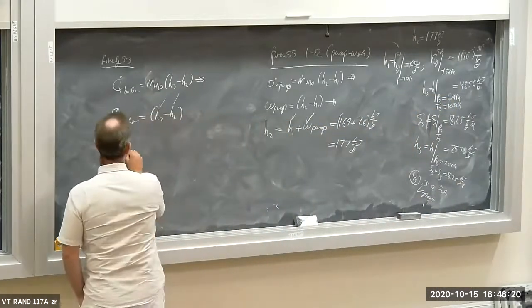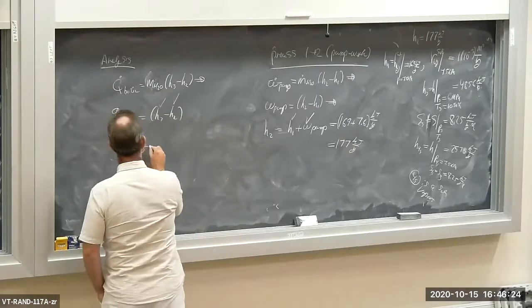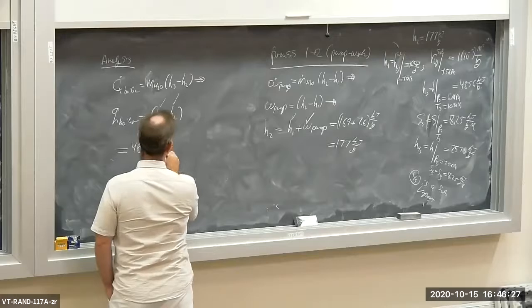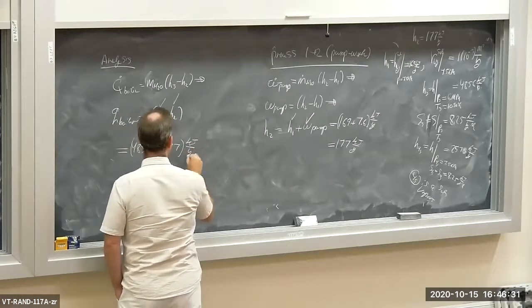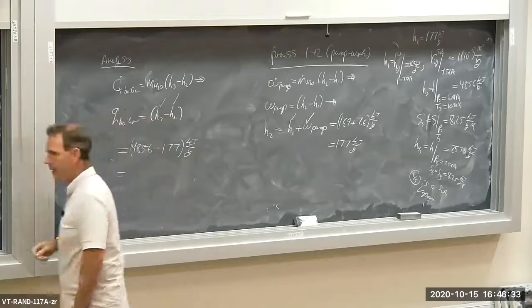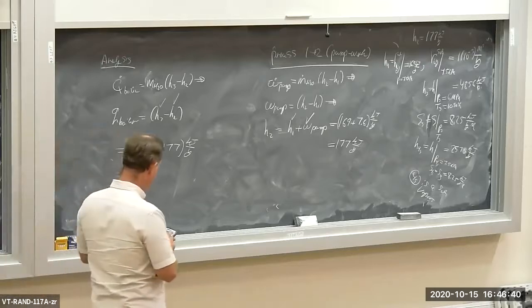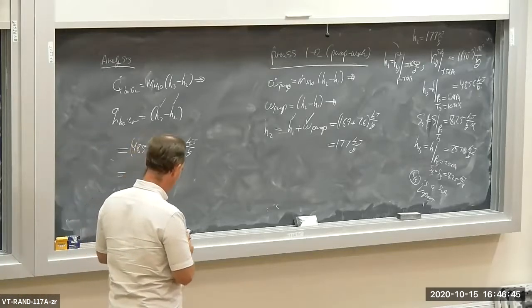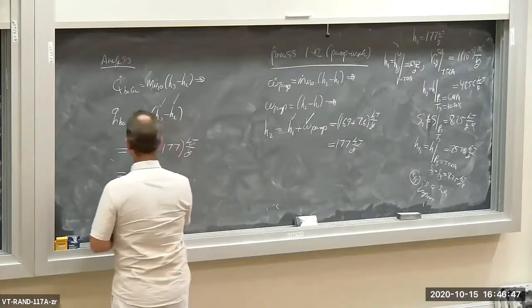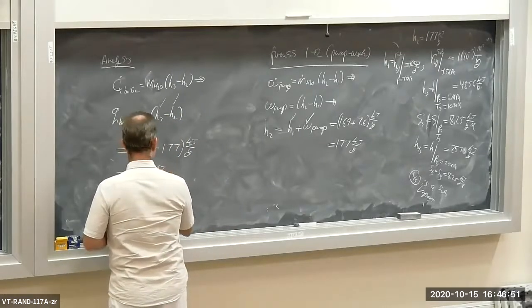Okay, so H3 is 4856, and H2 is 177 kilojoules per kilogram. And I get a specific heat addition in the boiler: 4856 minus 177, and I get 4679 kilojoules per kilogram.